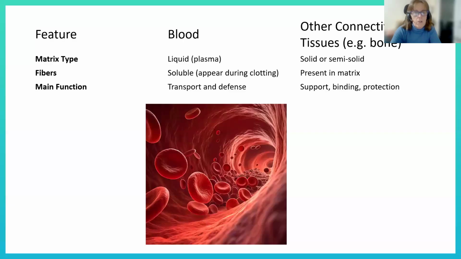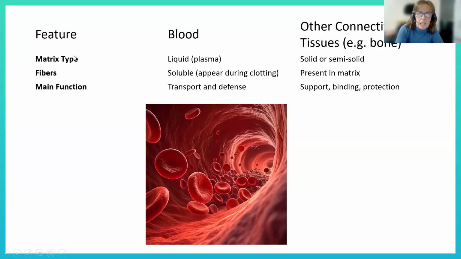So let's have a look at our examples that we were just talking about. Blood is an example of a connective tissue. Its matrix, remember that extensive extracellular matrix, the stuff outside the cell, is a liquid called plasma. That liquid you will have seen when you've cut yourself, particularly as a child, if you got a graze on your knee, when you skid across the floor and take a layer of skin off, and it goes sticky and wet as the wound is healing, and you get this seeping of a yellowy liquid.